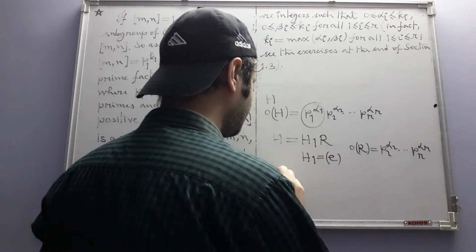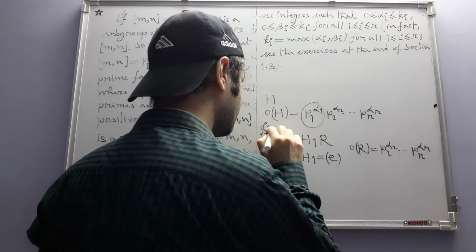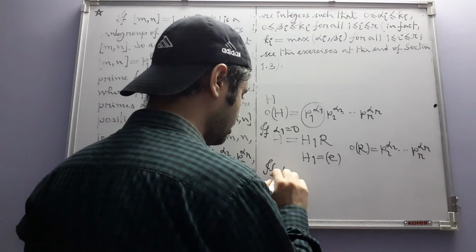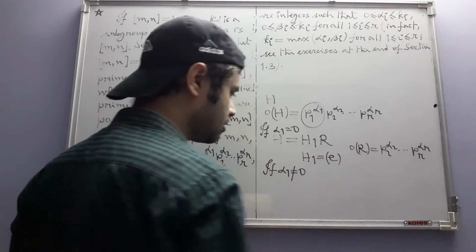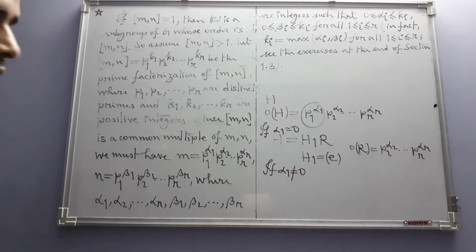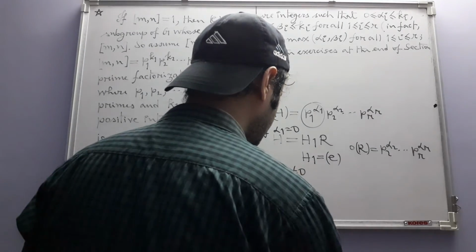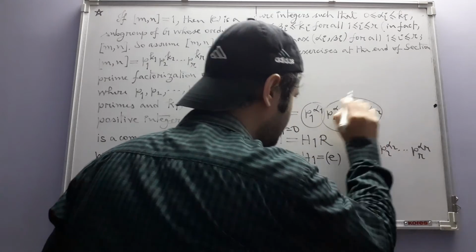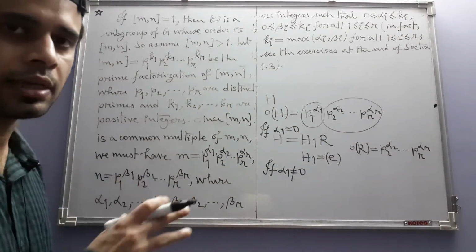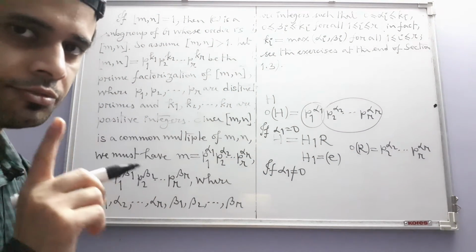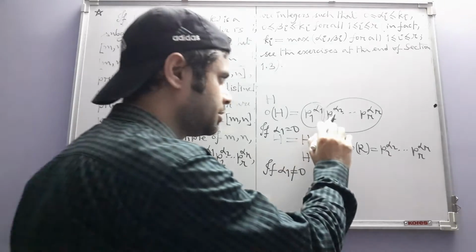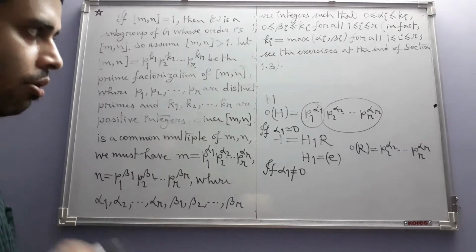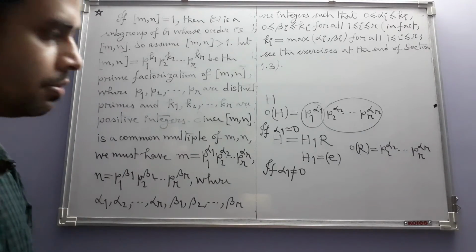But this is if alpha 1 is equal to 0. If alpha 1 is not equal to 0, then two cases arise. The rest of the number is either equal to 1, which is precisely when all the other alpha i's are equal to 0, or that is also greater than 1.